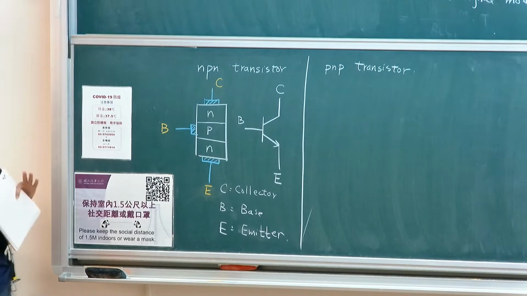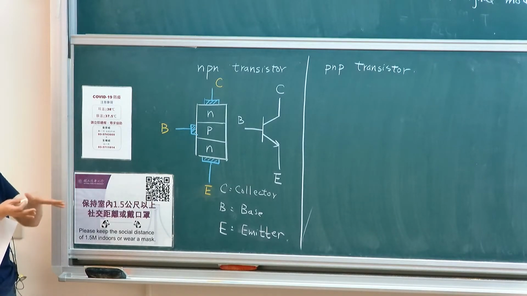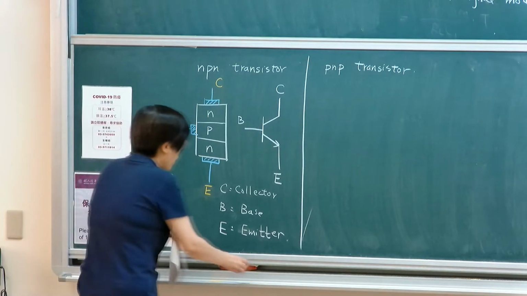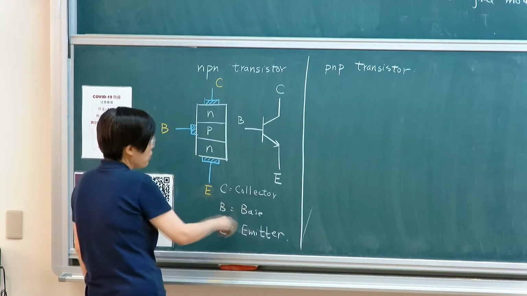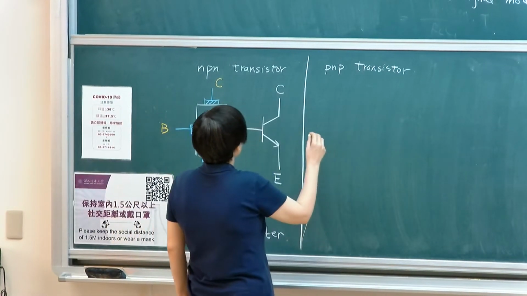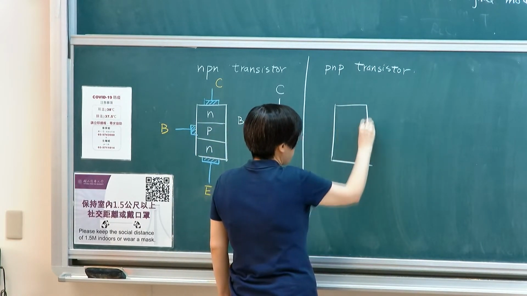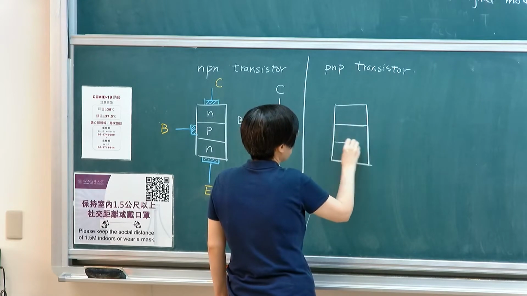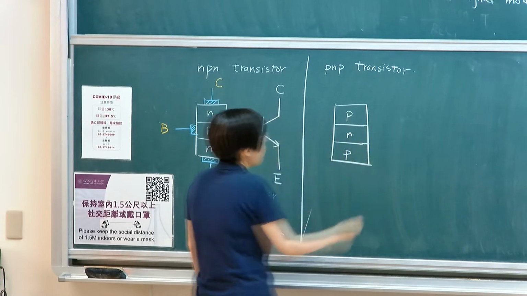Once again, NPN stands for two slices of N and one slice of P in the center. And the reason, let me explain, I'll come back to this a little bit later. Let me draw the other counterpart, the PNP. PNP will then be the opposite, meaning that you have two slices of P bread wrapping around an N region.